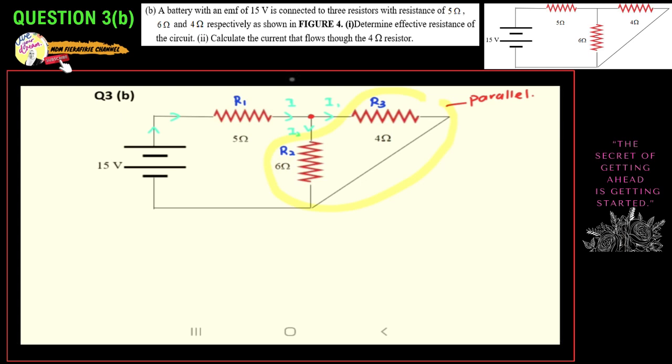So they are parallel. Let's write 1 over R23. We want to combine R2 and R3 and find R23.